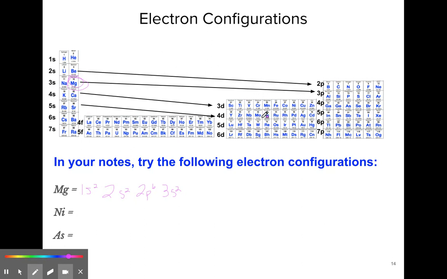Nickel is here in the middle. It's right by copper, so this one will be a little longer. There is a shortcut, which I'll show you tomorrow, but for now we'll practice the long version. So again, we start with hydrogen, 1s2. We always have to start with hydrogen due to Aufbau's principle. After 1s2, we come down here, following in order of atomic number to 2s2.